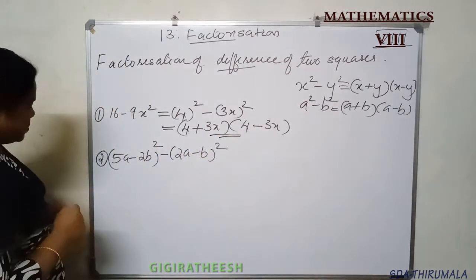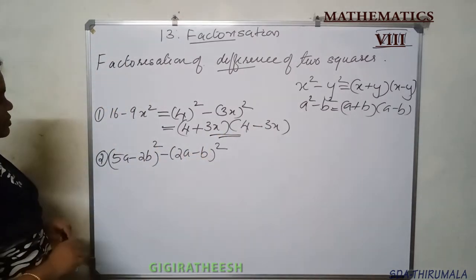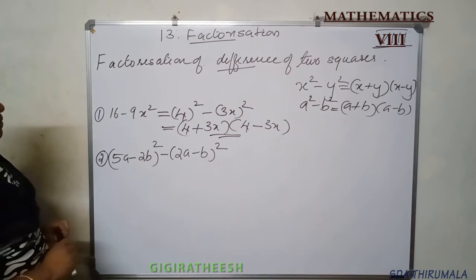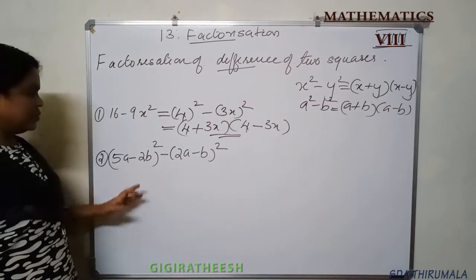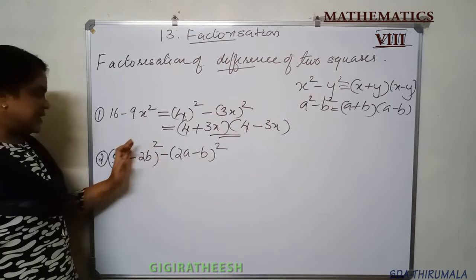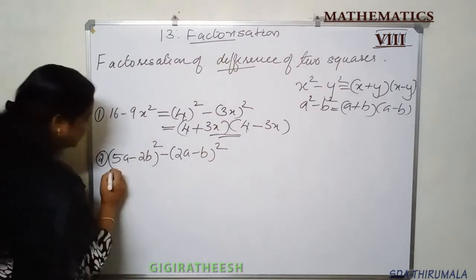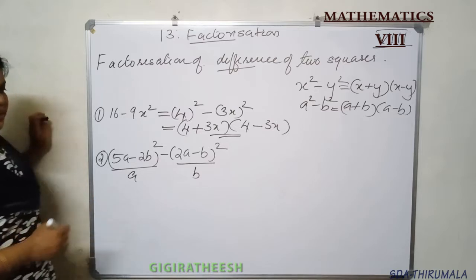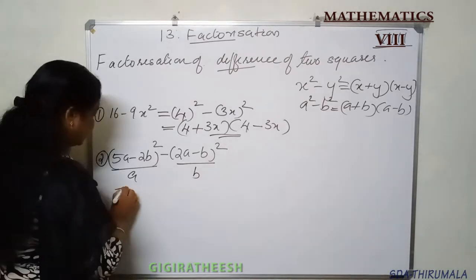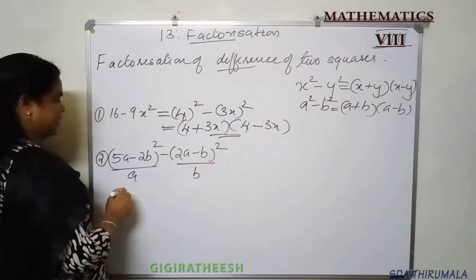The next question is 5a minus 2b the whole square minus 2a minus b the whole square. Here the full term 5a minus 2b the whole square is a square, and this is b square. So we write a plus b into a minus b.